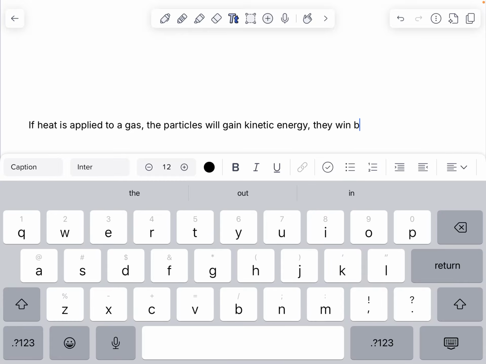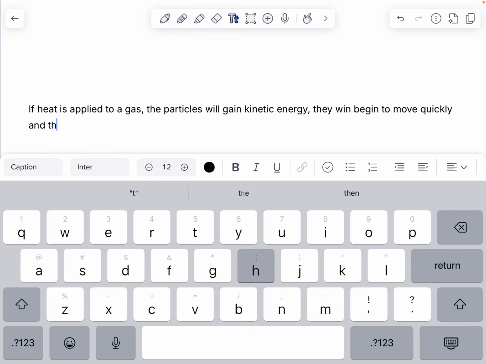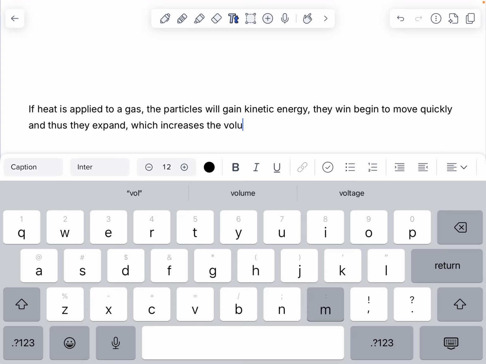They will begin to move quickly, and thus they expand, which increases the volume of that gas.